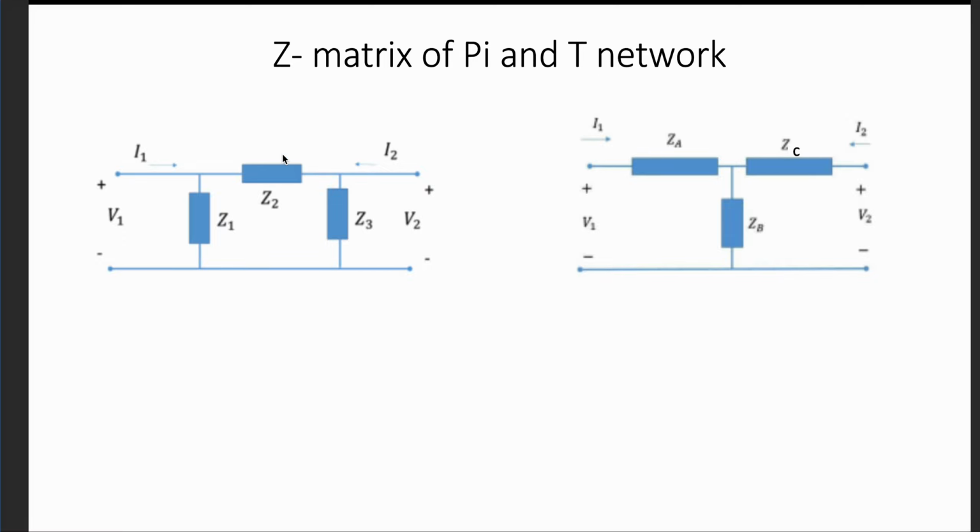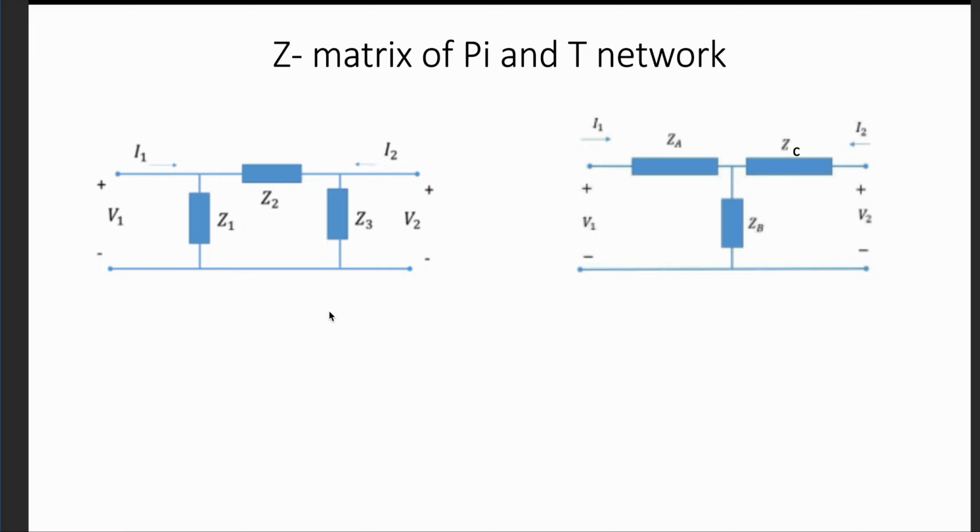Okay, so first, suppose you have the first circuit, which is the pi network, and I want to find the Z11 parameter of the same. Maybe first you can try it, and then we will go step by step to calculate all the 4 Z parameters for the pi network as well as the T network.